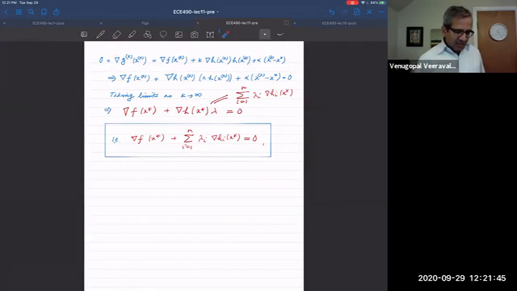Next lecture, we're going to look at second order necessary conditions. This is only first order. Let's look at second order necessary conditions, assuming twice differentiability, and then the sufficient conditions that we can derive. Then we'll start doing some examples. Towards the end of next lecture, and then all of next Tuesday, we'll do a bunch of examples of how to apply the Lagrange multiplier result for equality constraints.